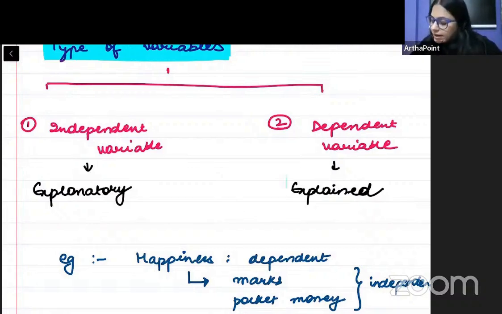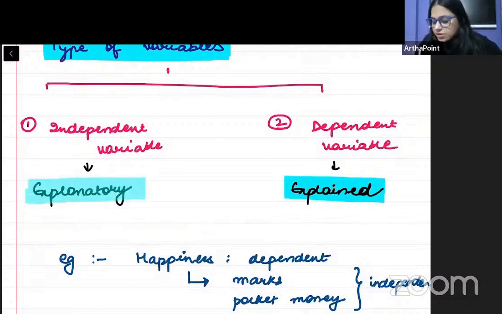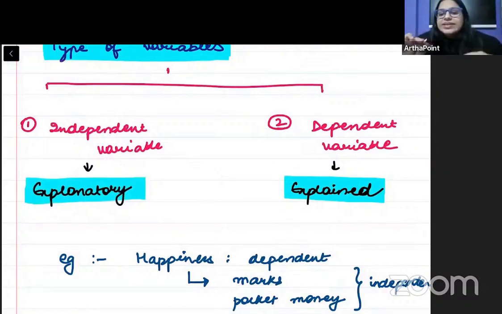So the dependent variable is called the explained variable. उसको explanation मिल रही है. But the independent variable is called the explanatory variable. उसको explain करने को मिल रहा है. It is explaining the explained variable.